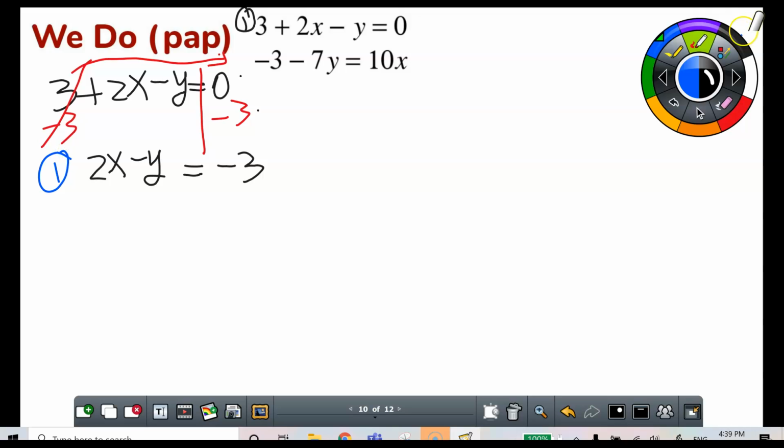And for the second equation, it's still not in the right order, so let's rearrange it. I'm going to copy it here.